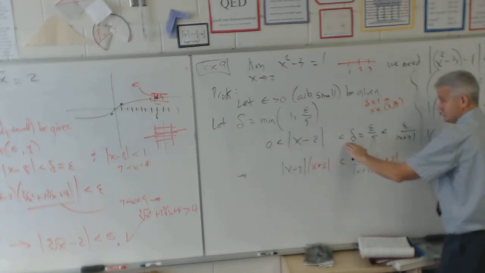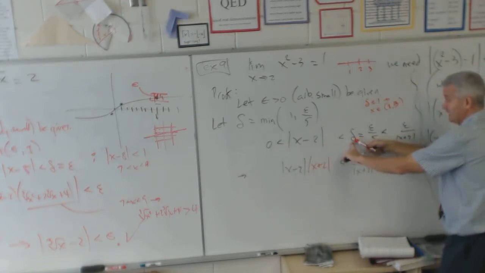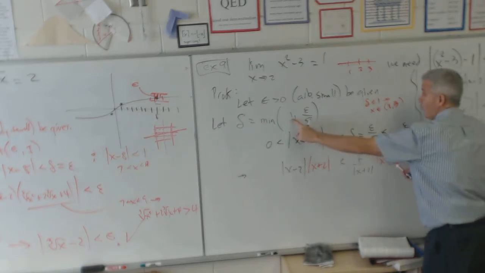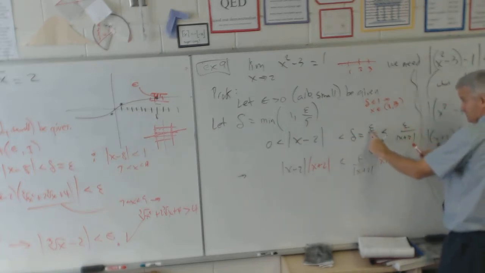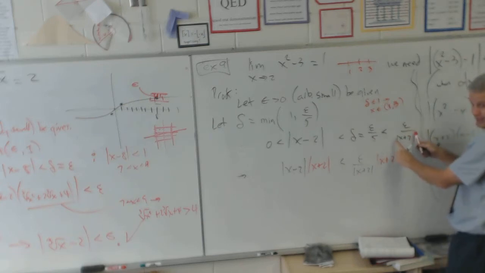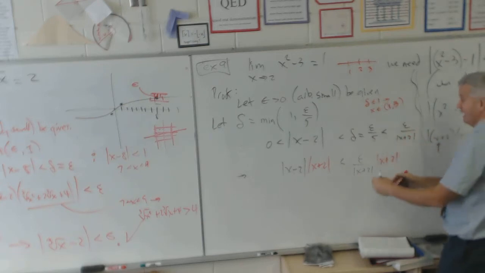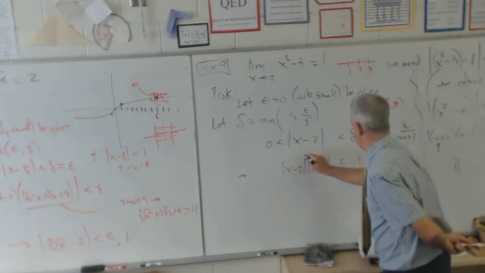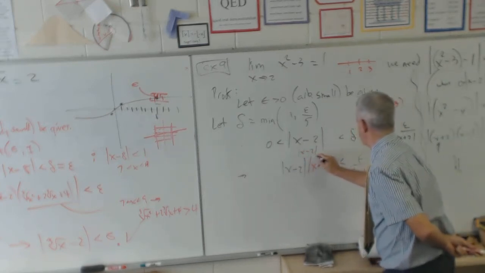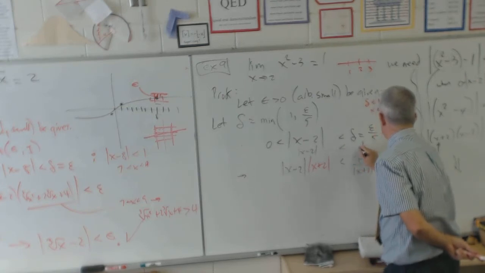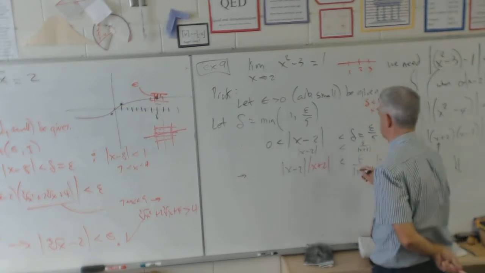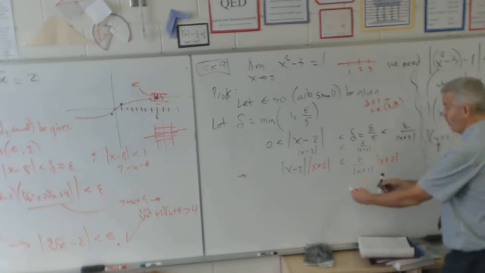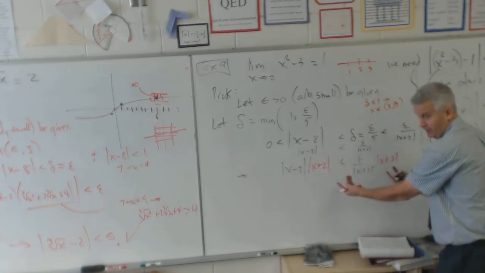Well, if this is true, we assign delta to be epsilon over 5. Because we're within 1, we know that epsilon over 5 is less than epsilon over the absolute value of x plus 2. Now, if that's true, I can put the intermediate step in there. We had the absolute value of x minus 2 is less than epsilon over the absolute value of x plus 2. Now I multiply by the absolute value of x plus 2.